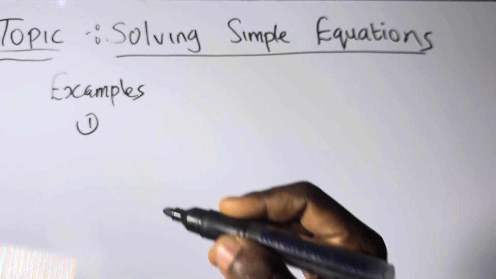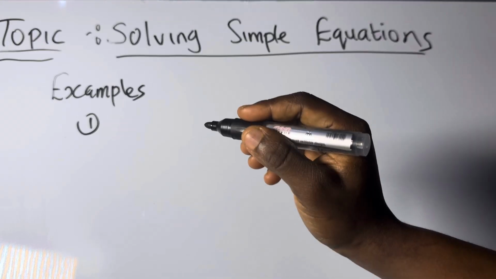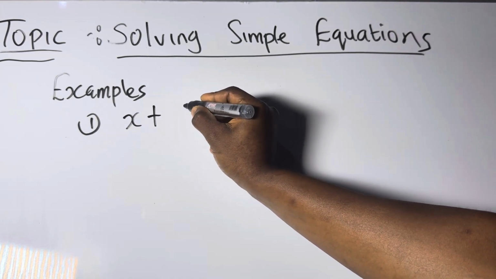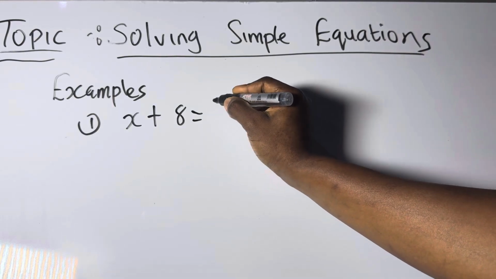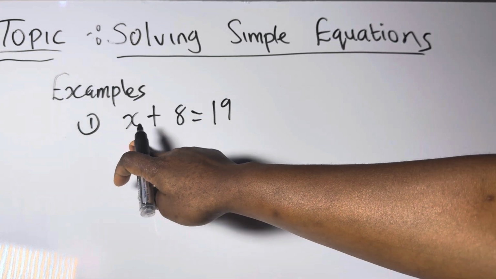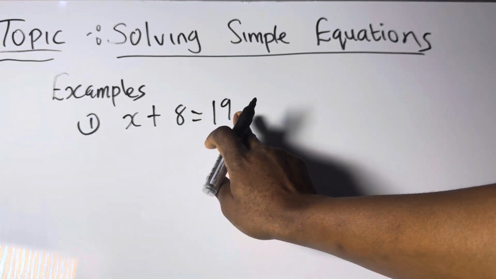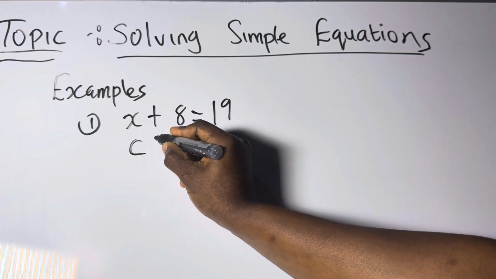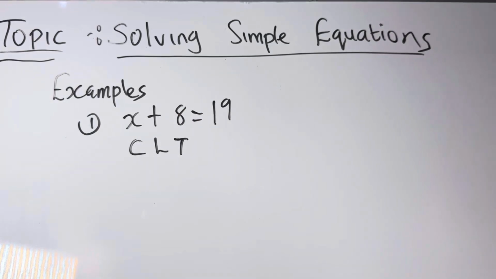Number 1: x plus 8 equals 19. Now, if you are solving a question like this, the first thing you do is to collect like terms.